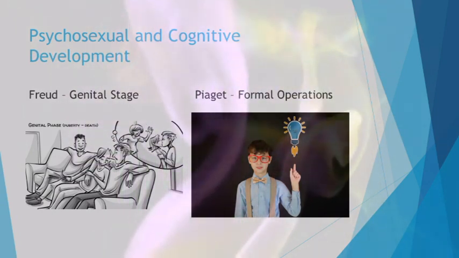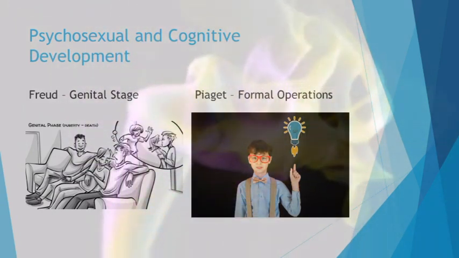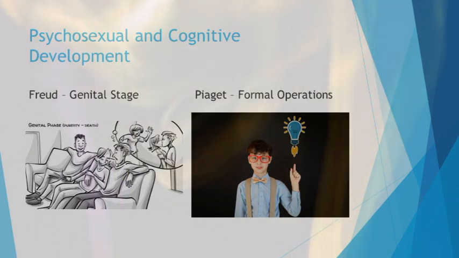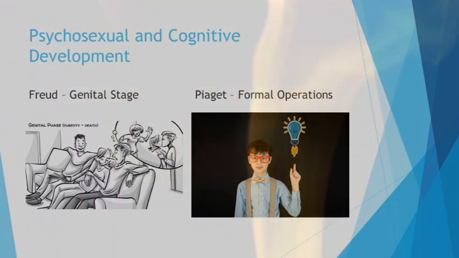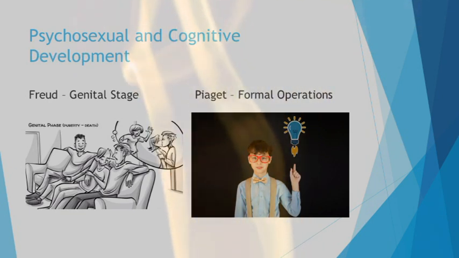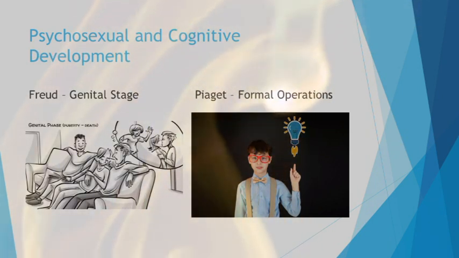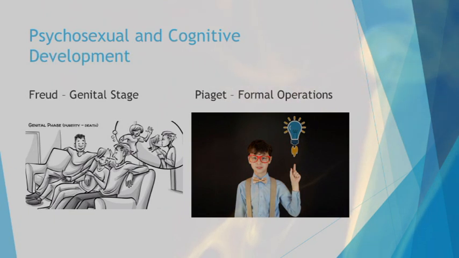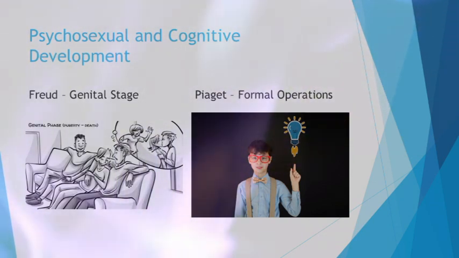on tangible, concrete experiences, to formal operational thinking, characterized by abstract reasoning, hypothetical thinking, and the ability to engage in systematic problem solving. And the formal operational stage represents a significant milestone in cognitive development and enables adolescents to think critically about complex ideas, engage in hypothetical deductive reasoning, and consider multiple perspectives on abstract concepts, which they weren't able to do.